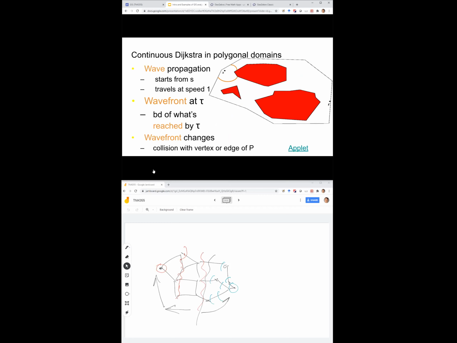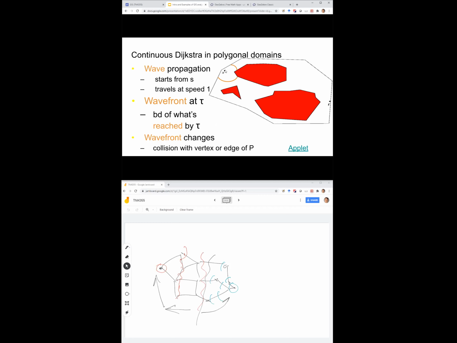But what I wanted to show now is the wave propagation in a polygonal domain. So we were talking about and looking at wave propagation in the Euclidean plane when we didn't have obstacles. Well, we may have obstacles, and we still can think of wave propagation. So this is your source point S, and maybe T is the target point.